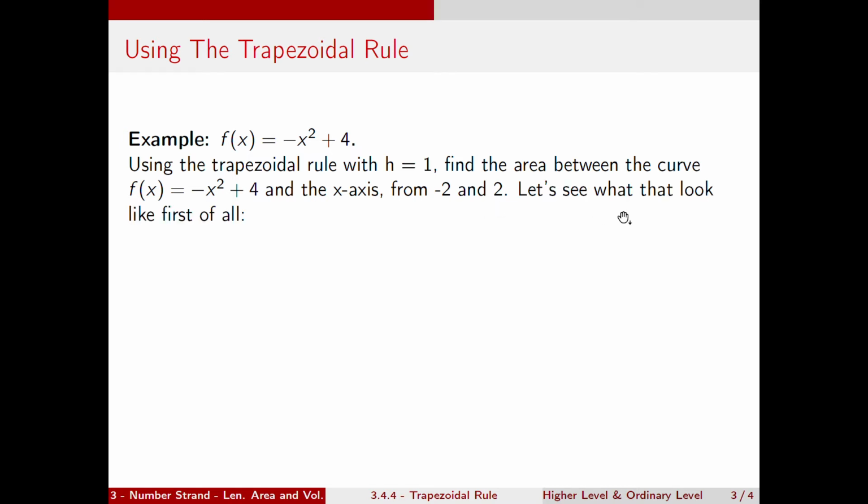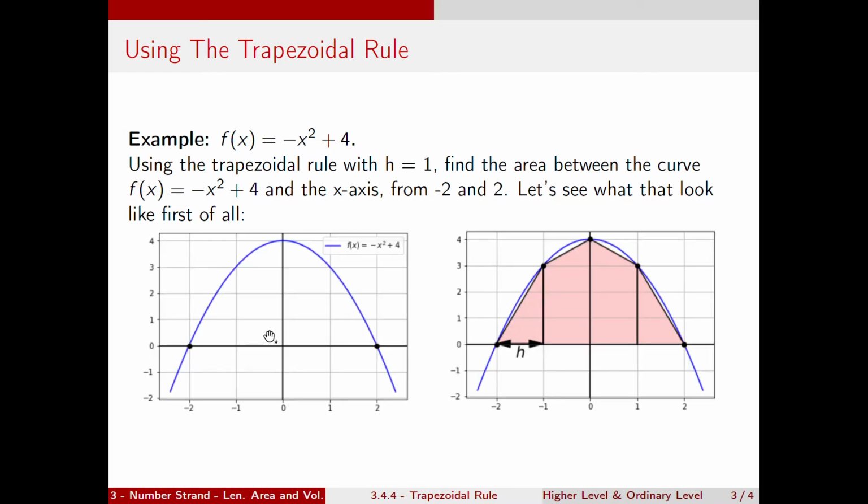So first of all, we'll see what this looks like. On the left hand side here, we see this is a plot of the function, the blue line, minus x squared plus 4. And we can see on the right hand side, these red shaded regions are going to be what we will use to estimate our area using the trapezoidal rule, where h, which was 1, is the distance between each of these shapes.